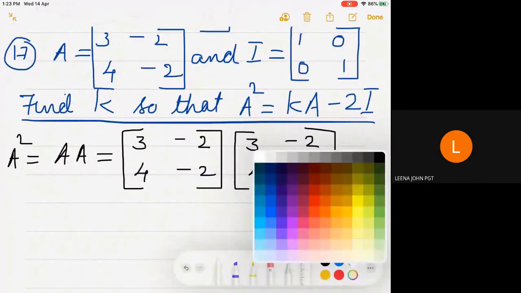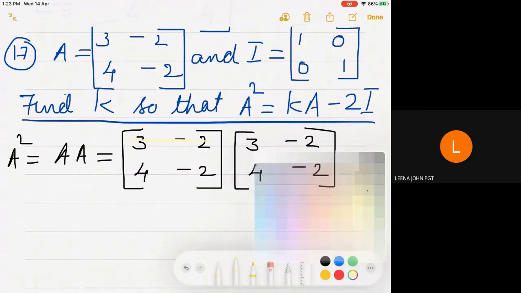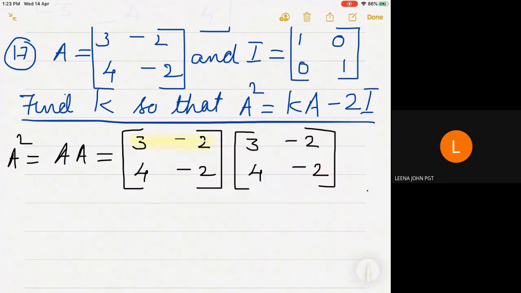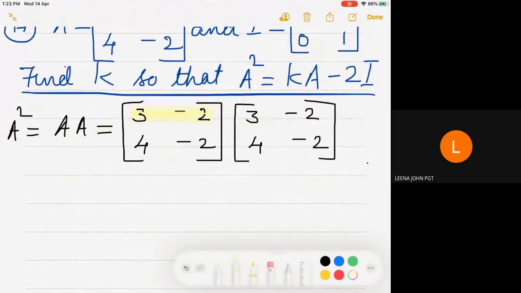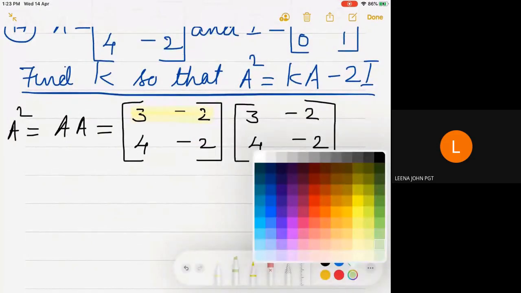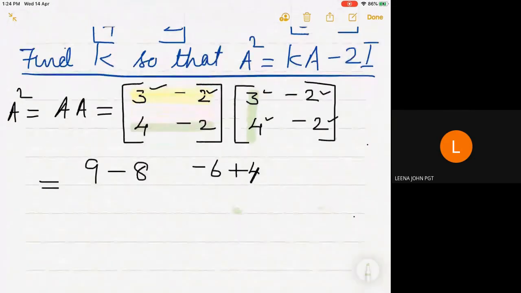Now from the first one you are considering the first row. Now we will multiply with the first column. So you are getting the answer. Multiply with the two columns of the second matrix.